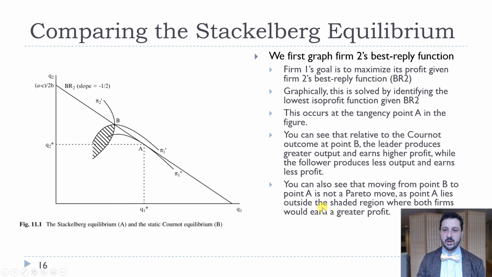It's not that they're both better off. Firm 1 is doing better than it would at point B, but Firm 2 is doing worse. And it's not in that shaded area, the collusive area where they both earn higher profits and move towards the monopoly output. So in this case there's a first mover advantage, but as we'll see in the next video, that's not always true.